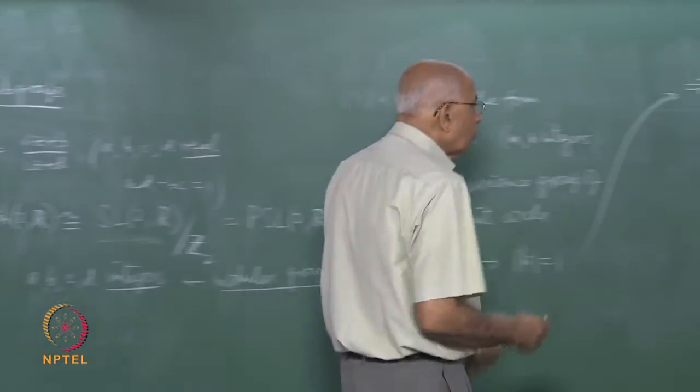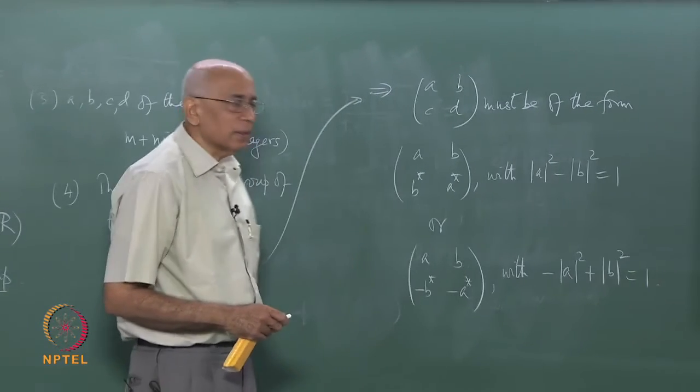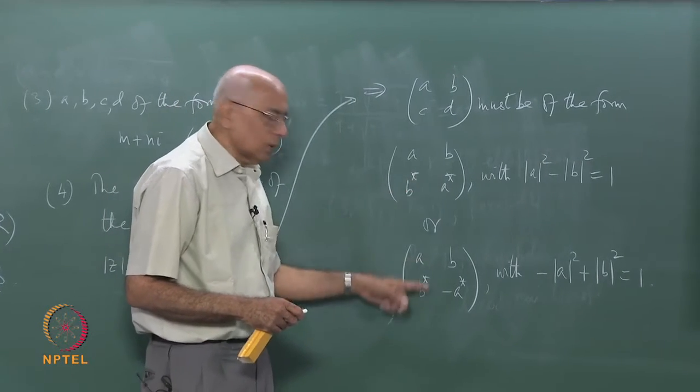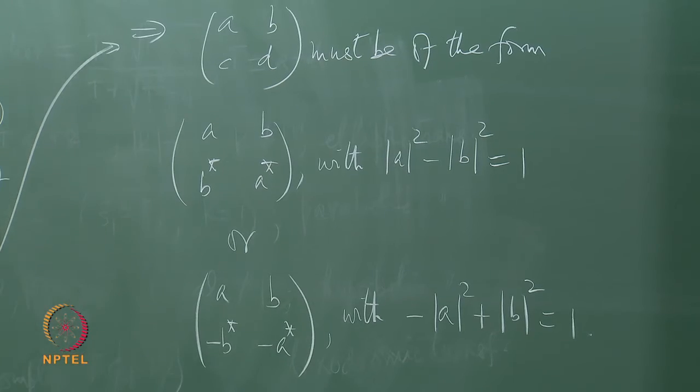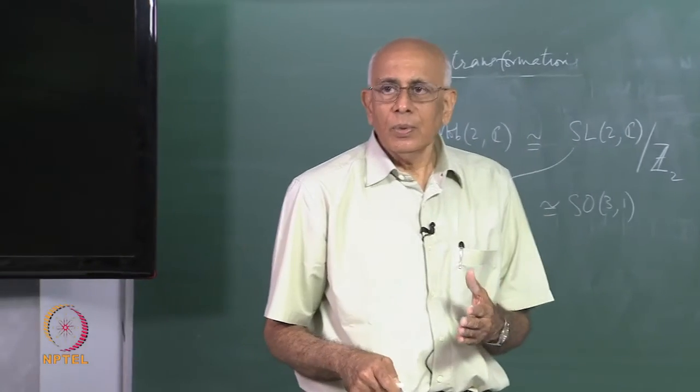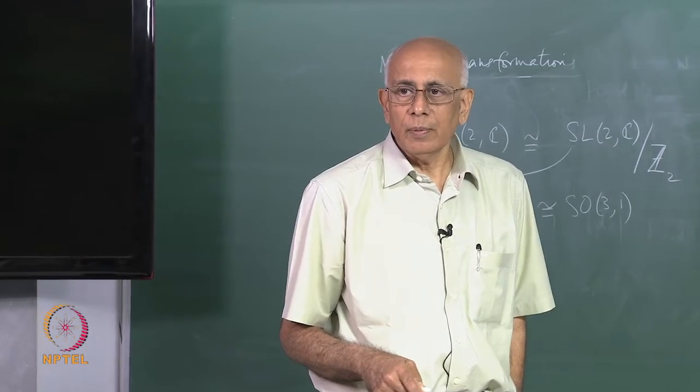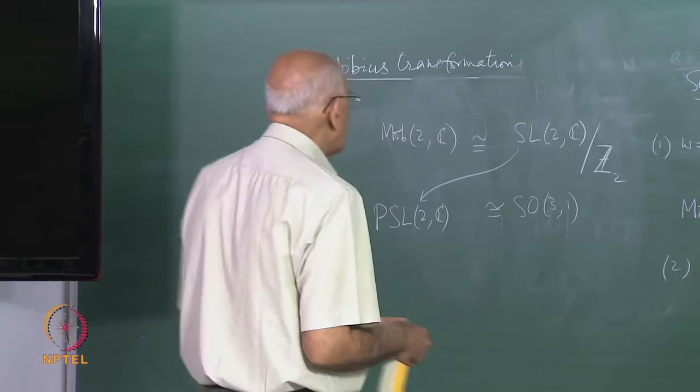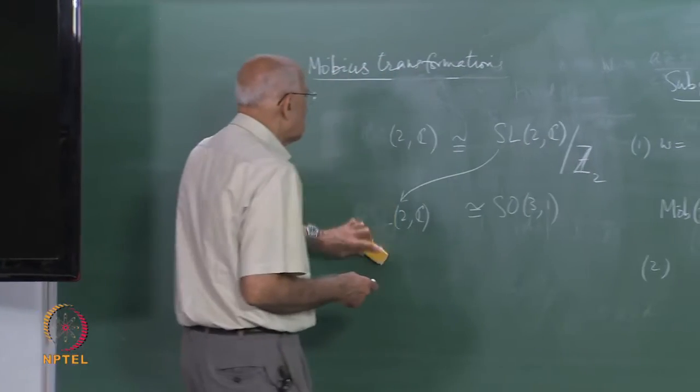But the set of 2 by 2 matrices which satisfy this condition or this condition is of interest in itself. It is very closely linked to the 2 by 2 unitary matrices. Does anyone know what is the most general form of a 2 by 2 matrix which is unitary?